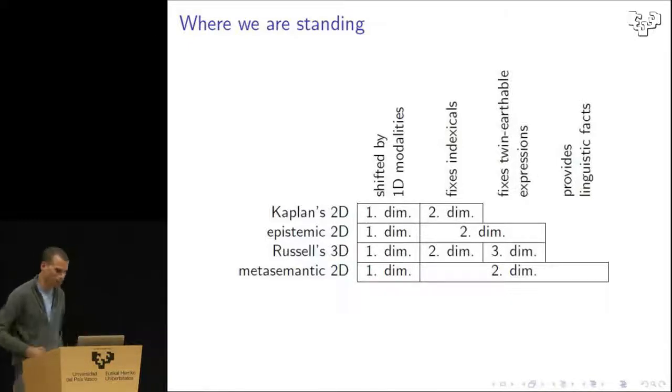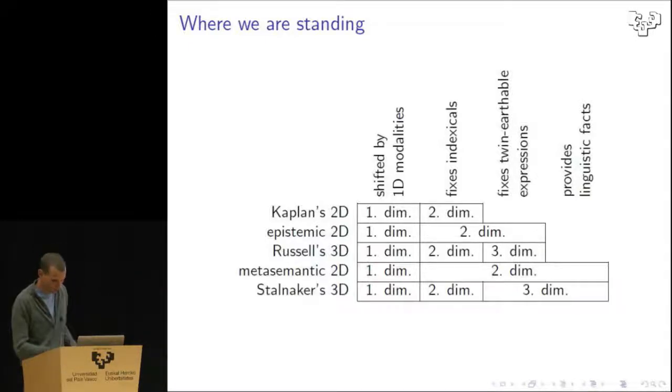And when he makes this remark, he says, well, we could also look at a three-dimensional system in which we have Kaplanian meanings, so characters as meanings, and then an additional third dimension which captures the dependence of these characters on whatever other facts you might have, which probably are linguistic conventions.